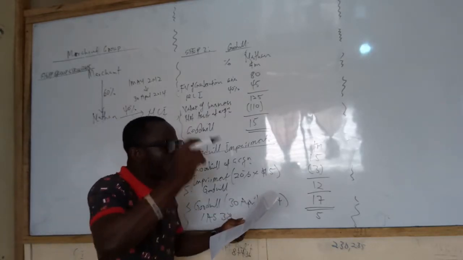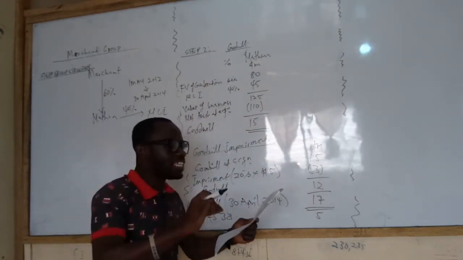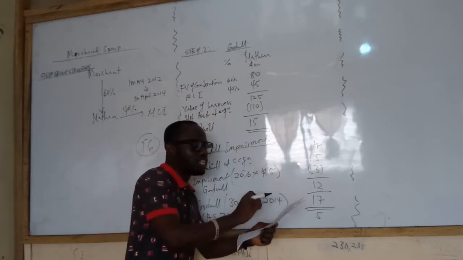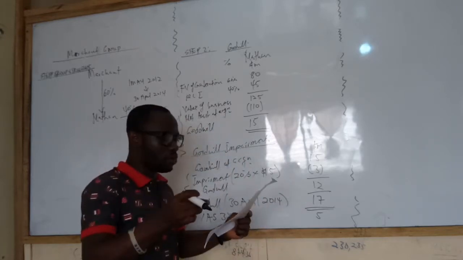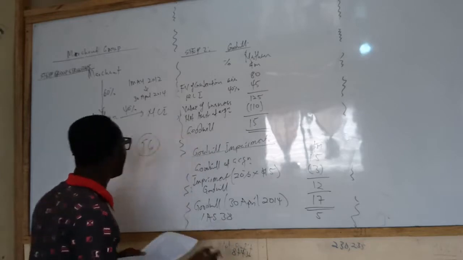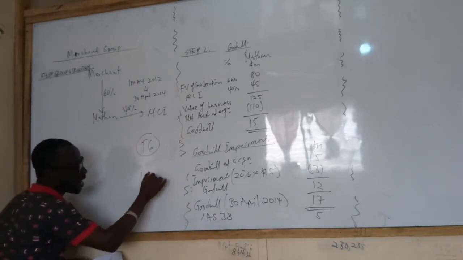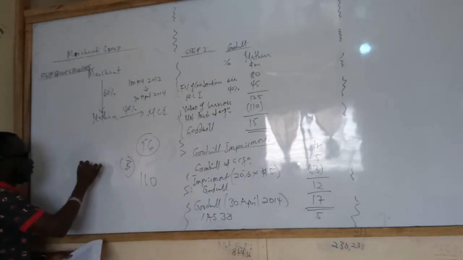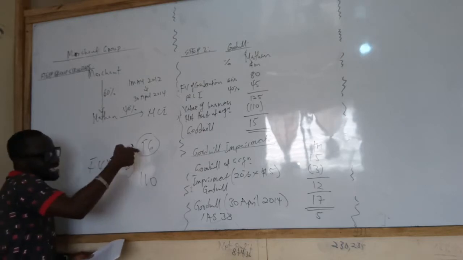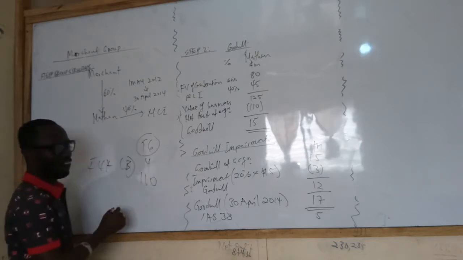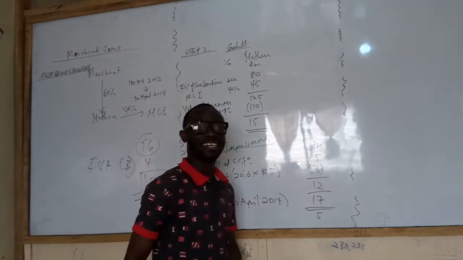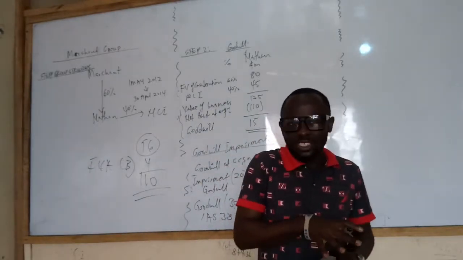The excess of the fair value of the identifiable net asset at acquisition is due to non-depreciable land. Which means their fair value is still 110, but the fair value adjustment at acquisition is 4. So that's why the 110 will be used. So it is not there to confuse you.